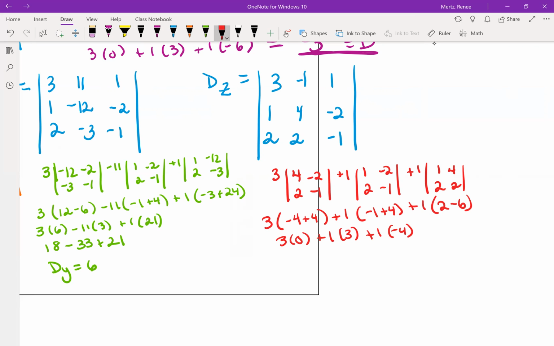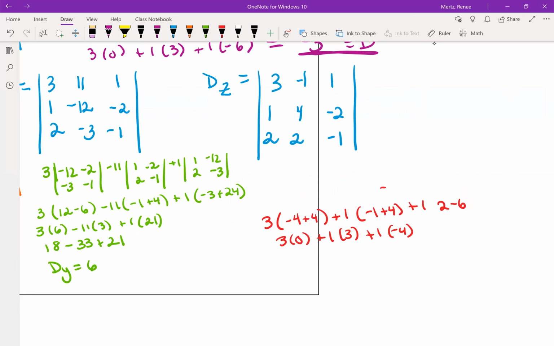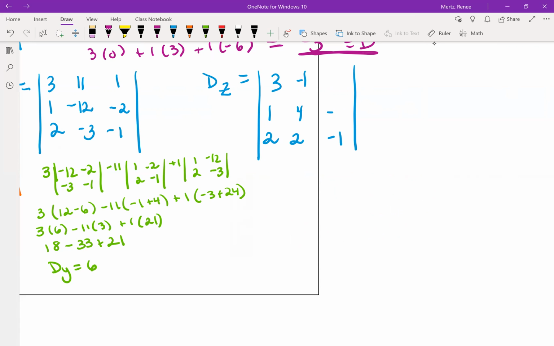Oh, I set up D of z wrong. I thought that looked too familiar. Did not put the answers in. What a pooper. 11, -12, -3. Try this all over again. Sorry.